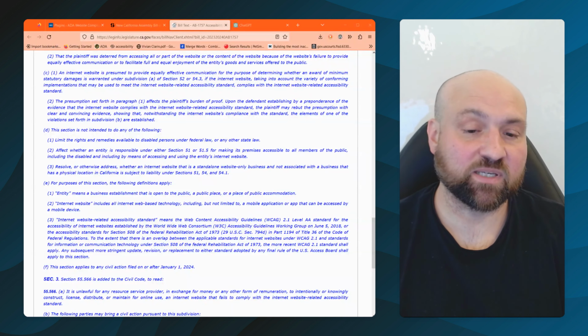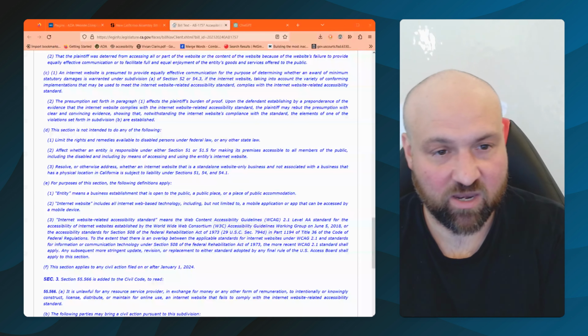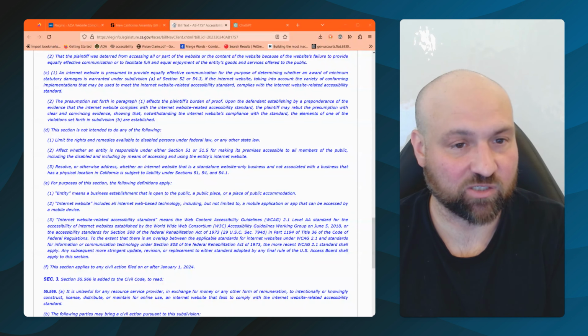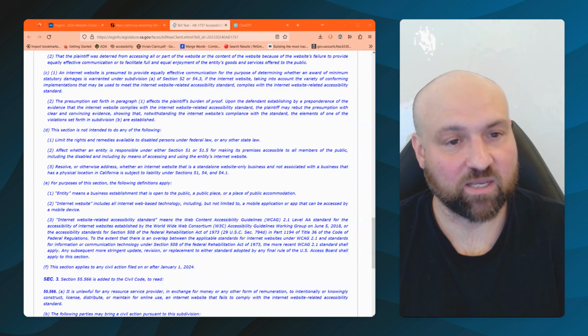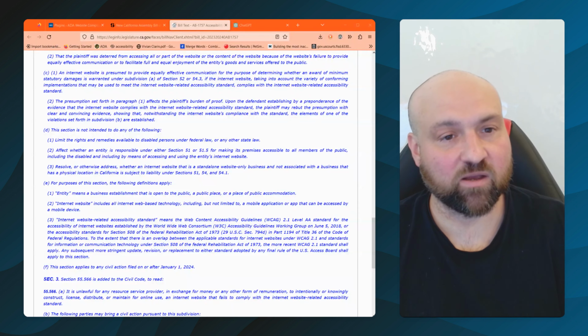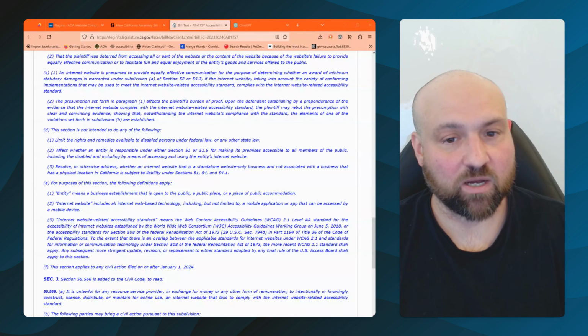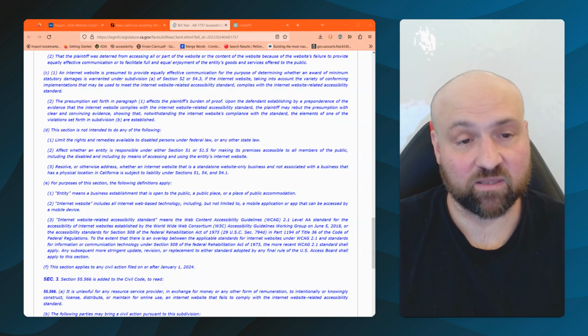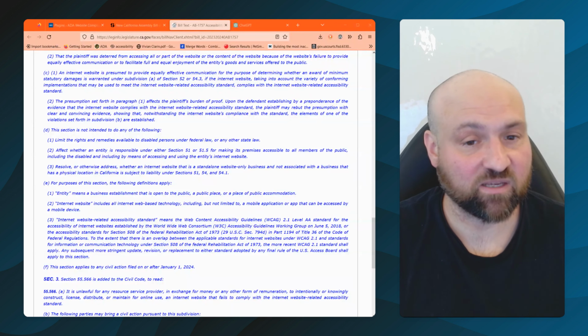So, a significant update, but none of the recommendations change, right? WCAG 2.1 AA conformance has always been best practice, but if anything, awareness of this bill gives you an opportunity to get ahead of this.